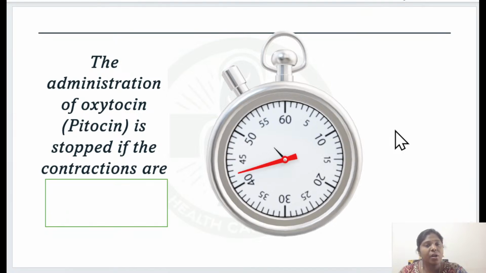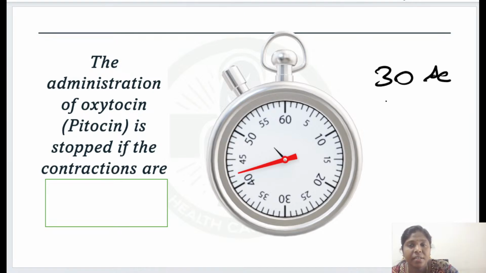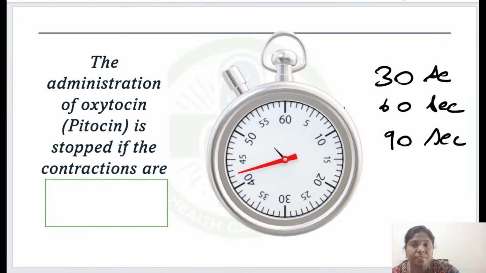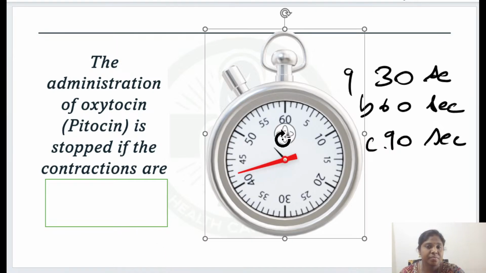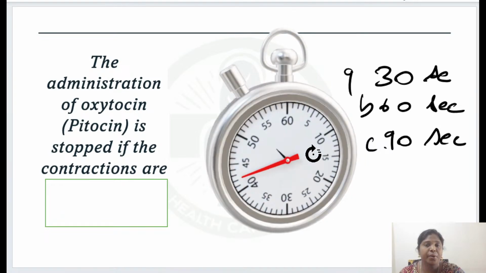The administration of oxytocin is stopped if the contractions are there for how many seconds? Whether it is 30, 60 or 90 seconds. So how are you going to monitor?